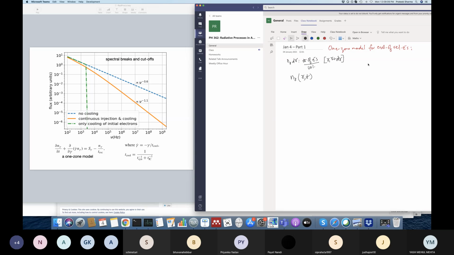So you consider γ, and you consider n_γ dγ as the number of electrons here. So what is happening? So this n_γ can change. So ∂/∂t of n_γ plus ∂/∂γ.